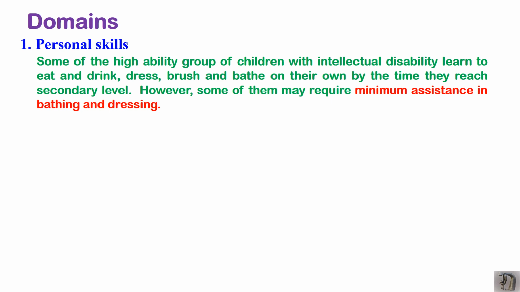Yes, when they reach the secondary level, they learn those skills, but however, some of them may require a small assistance, I mean to say minimum assistance, simple assistance, like in bathing, in dressing. Not in all. He might be independent in eating, he might be independent in drinking, but he requires minimal support from the father or mother or any other family members.